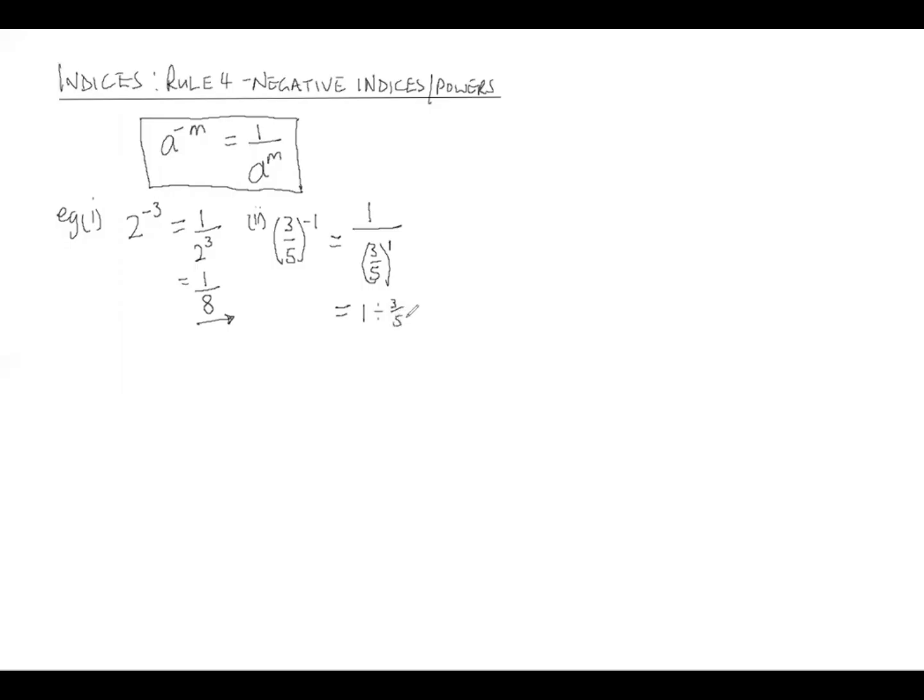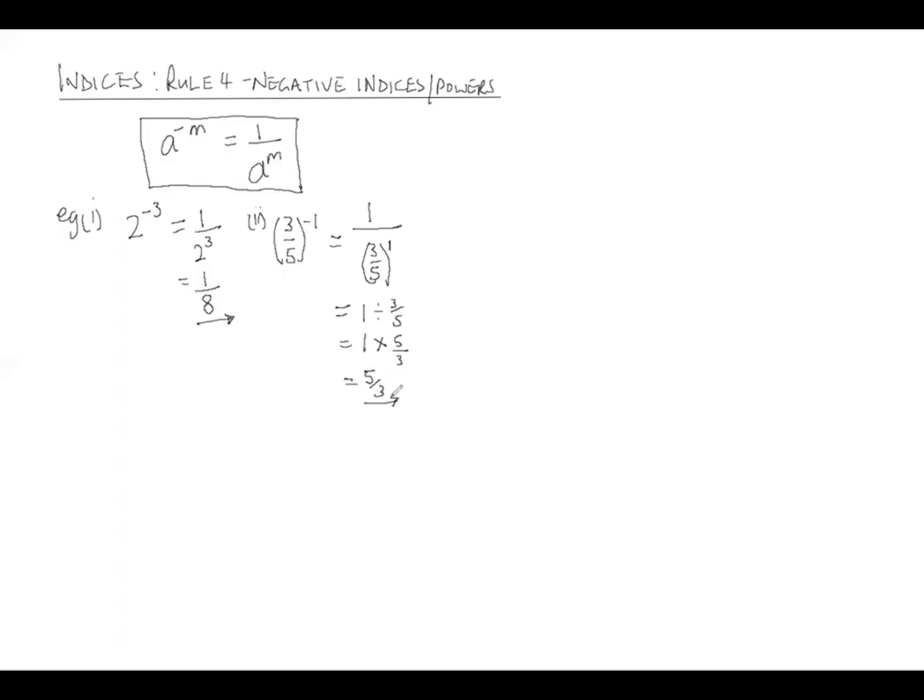So whenever we divide fractions, we change the division to multiplication, and then these two numbers swap positions. So the 5 goes on top and the 3 goes at the bottom. So this becomes, obviously 1 times anything is that thing, so that becomes 5 over 3.